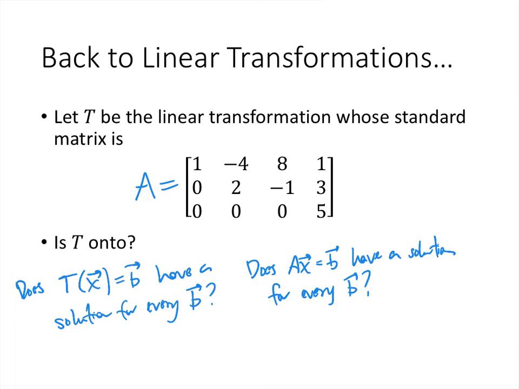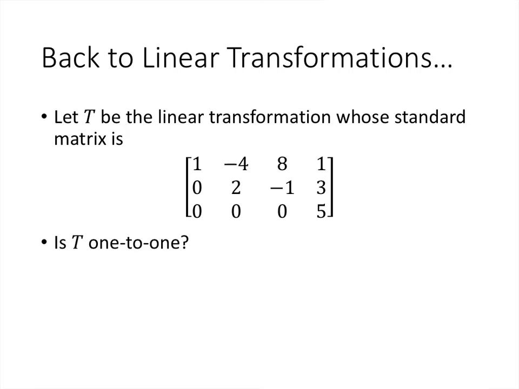That question is based on where the pivots are. And since there's a pivot in every row, that's how we know that Ax equals b will have a solution for every b. So the answer here is yes, because there's a pivot in every row of the matrix. Now we're asking, is this function one-to-one?